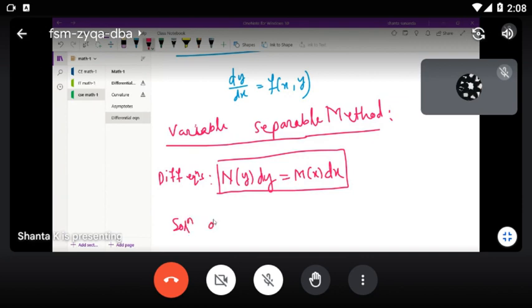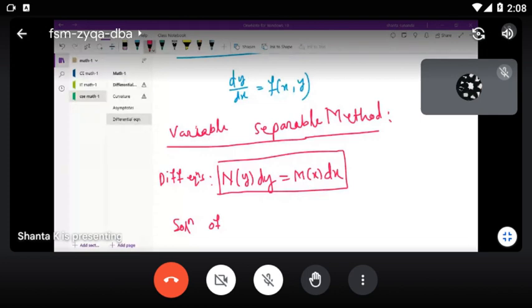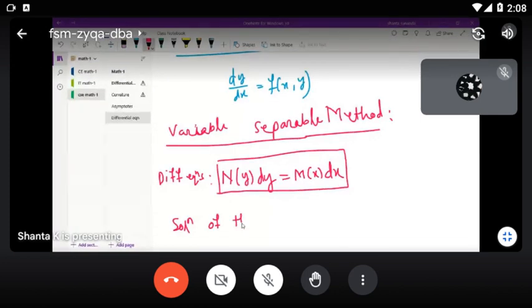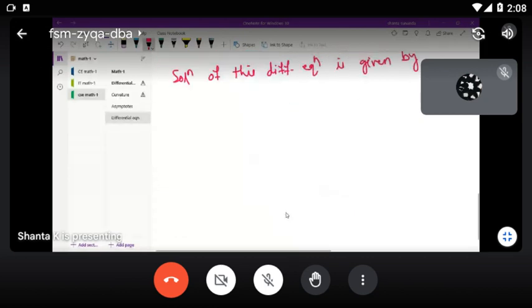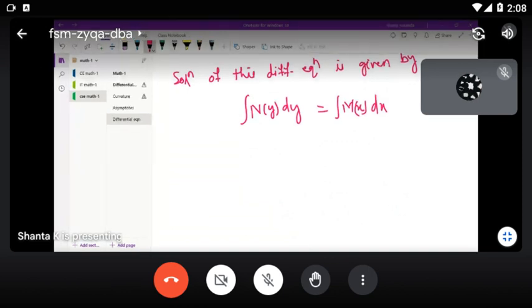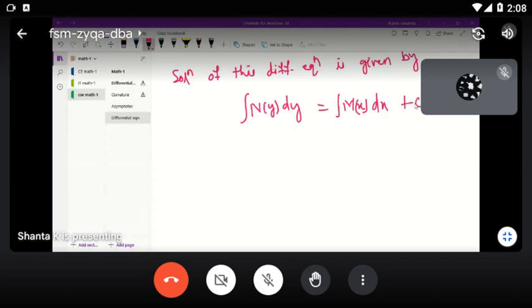The solution of this equation is given by integrating it simply, because we have the y variable on one side and the x variable on the other. We integrate and add the constant of integration. This will be the solution of the differential equation.